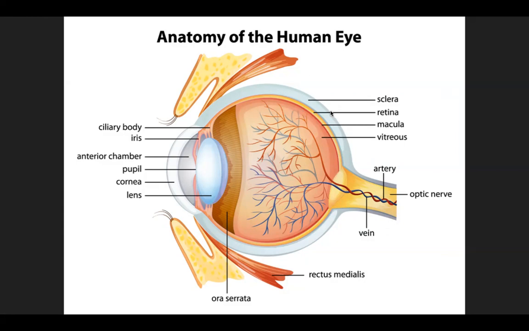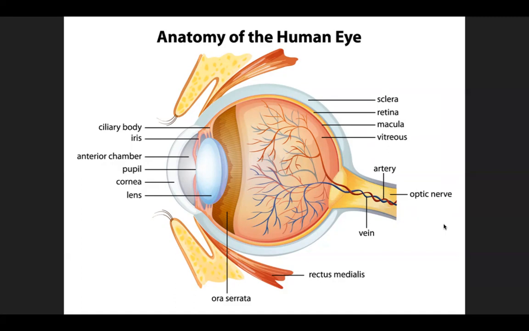And the retina here then leads to the optic nerve. So the neurons converge together and lead to the optic nerve. And the optic nerve then goes back to our brain and is able to be processed there to go on to have different functions.